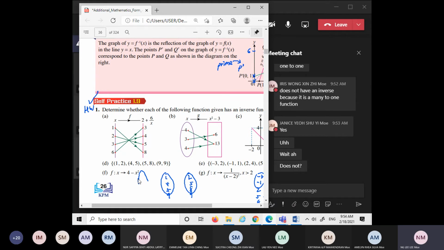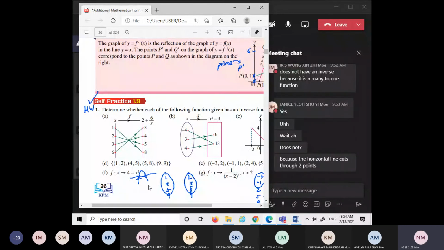Okay, tell me the reason. They say the graph is given, so you can say about the horizontal line test. If not, you have to give an example. Horizontal line test, the idea is this way. It means there are two, because the horizontal line cuts two points.